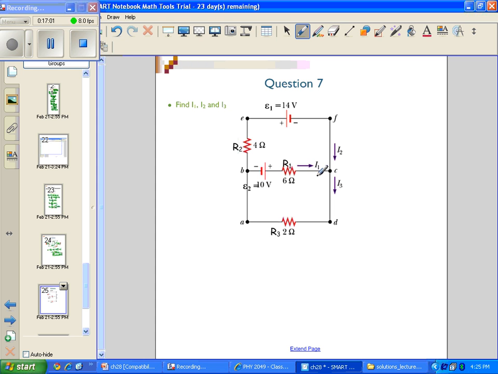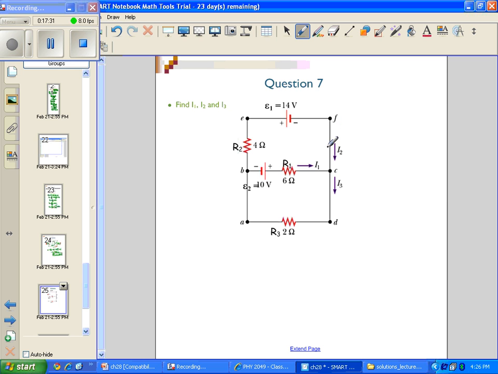And once again, our diagram has decided to guess for us the initial directions of the currents. So we'll go ahead and utilize the directions that they've given us here, but recognize that if we end up solving the currents and getting negative values, that the initial guess for the current was not correct.